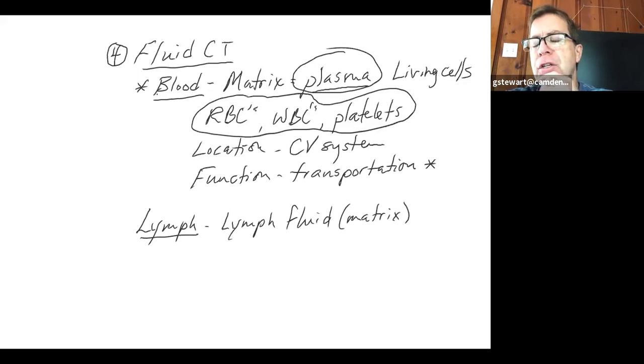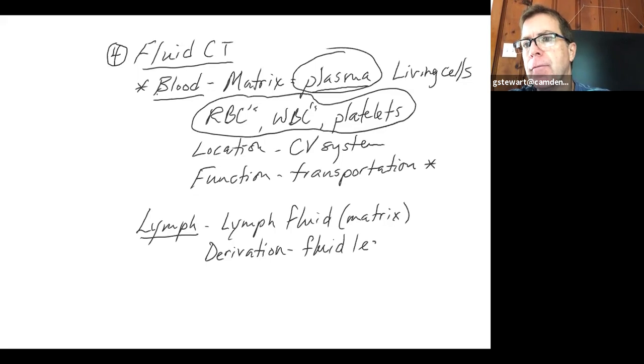The derivation of lymph fluid, just so you know, where does it come from? The derivation of lymph fluid is actually blood. It's fluid that has leaked out of the blood system. You'll learn about that when you study the immune and lymphatic system.